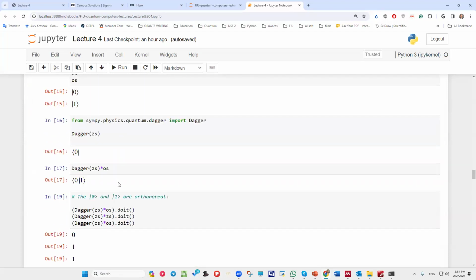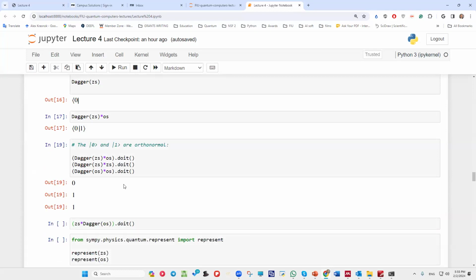One can ask why we can use these vectors to represent the state of a qubit. The answer is that these vectors are orthonormal, meaning that the product of two different vectors returns 0, and the product of the same vectors returns 1. So the vectors are orthonormal.